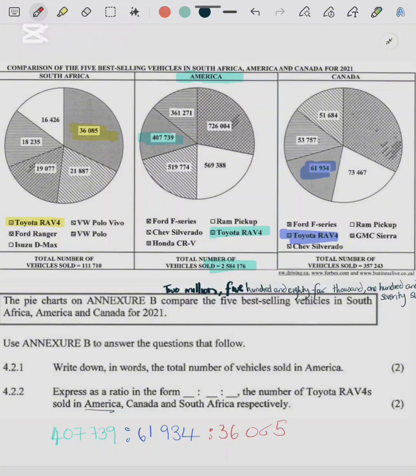Then they want it as a ratio, and whenever they ask you for a ratio, generally speaking, they're wanting it in its simplest form. However, in this case, they didn't specify that, so you're comfortable to leave it in that format.